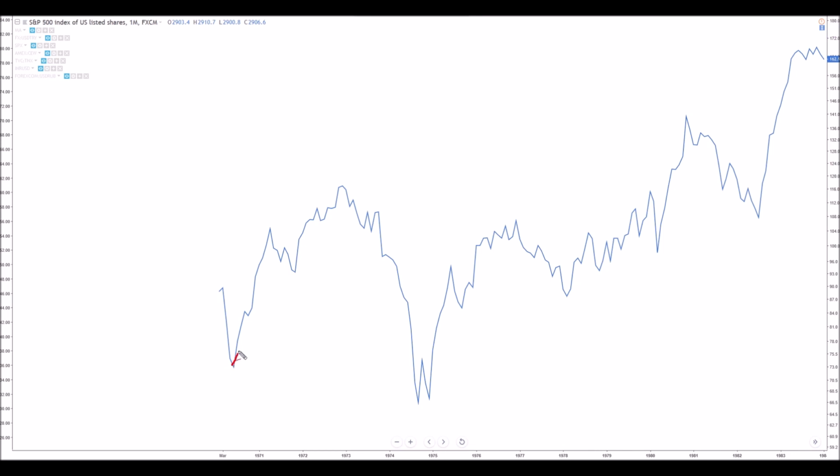This is a thrust move, correct? So it's thrusting. And then what does it do? It consolidates, okay? And then it thrusts up. So you see that the market moves in threes. That's all you need to know, that the market moves in threes. Once the three wave ended, what happens now?